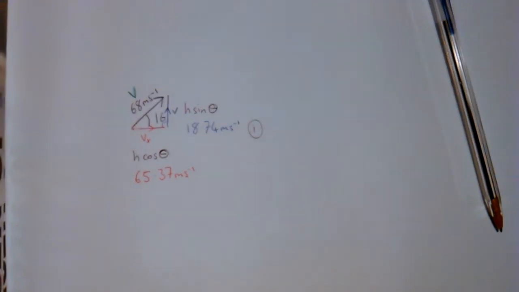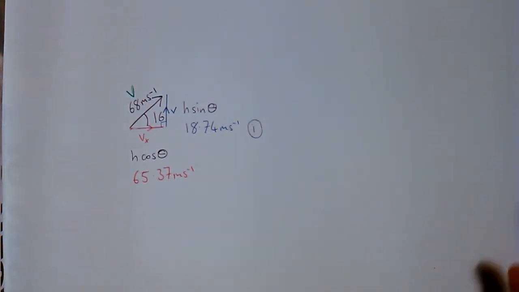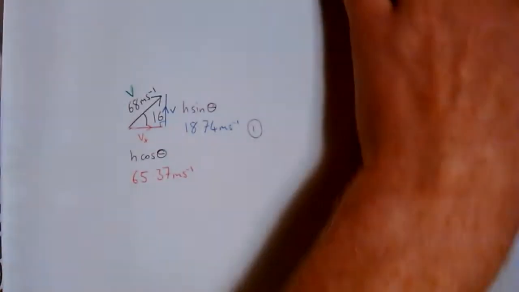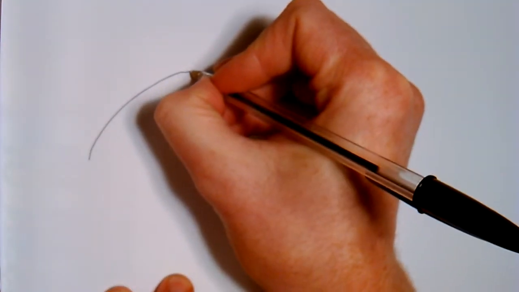Okay. Part 2 says the maximum height reached by the ball. Now, if we're talking about height, we're talking about vertical direction. Okay, so I'll just move this out the way. So we're going up here like this.